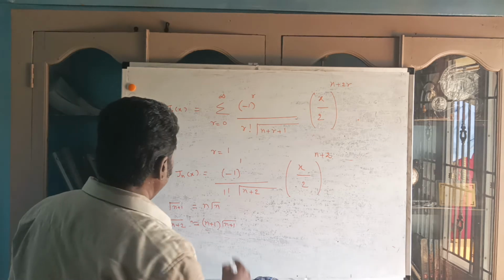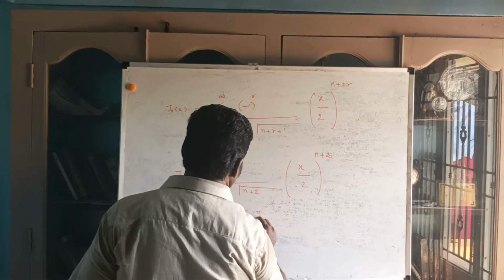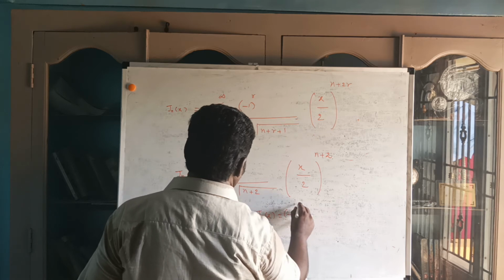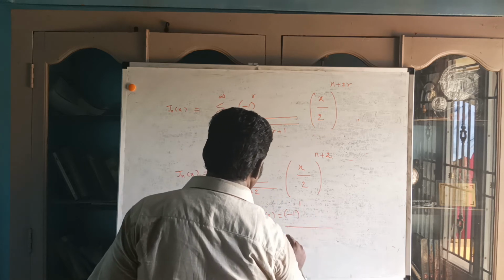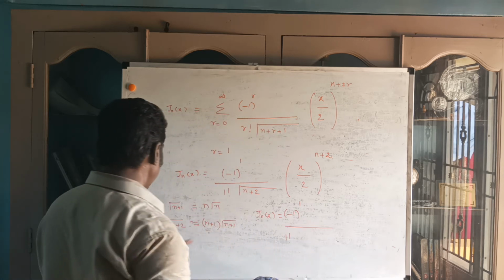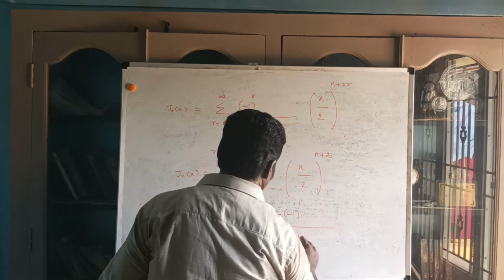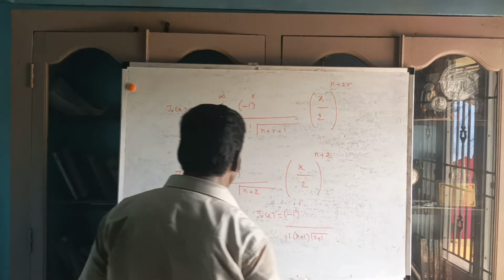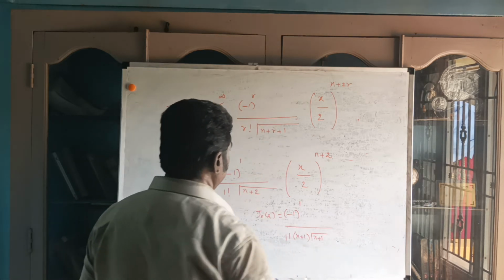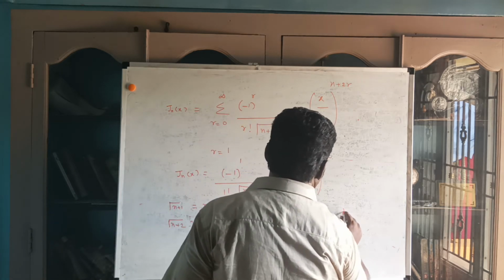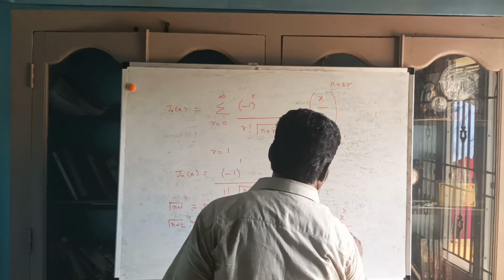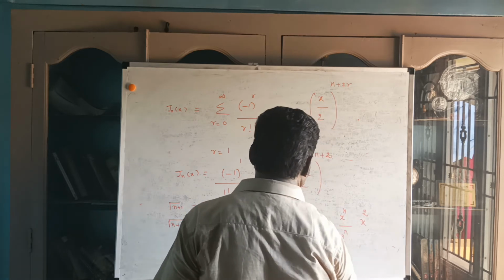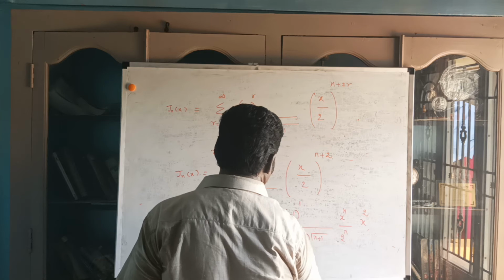So this Jn of x is equal to minus 1 power 1 divided by 1 factorial, then n plus 1 into gamma of n plus 1, x power n divided by 2 power n into x square into 2 square.